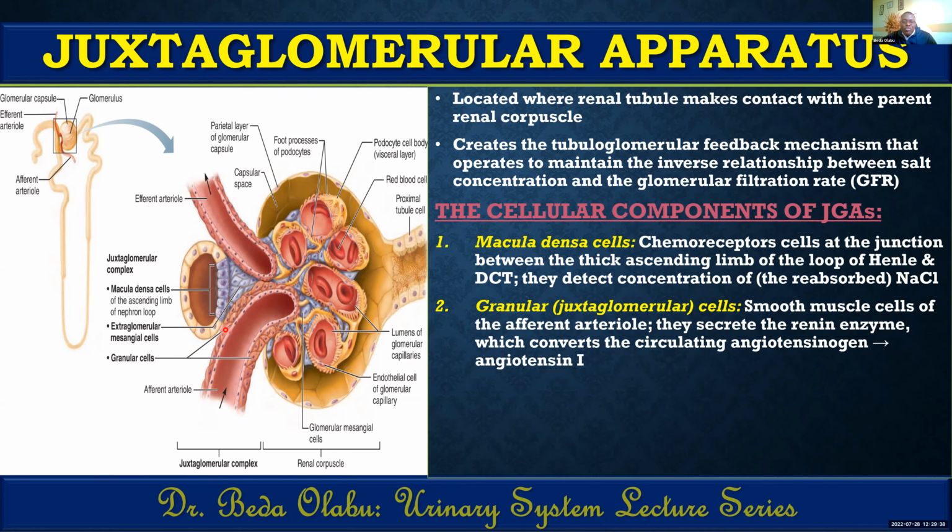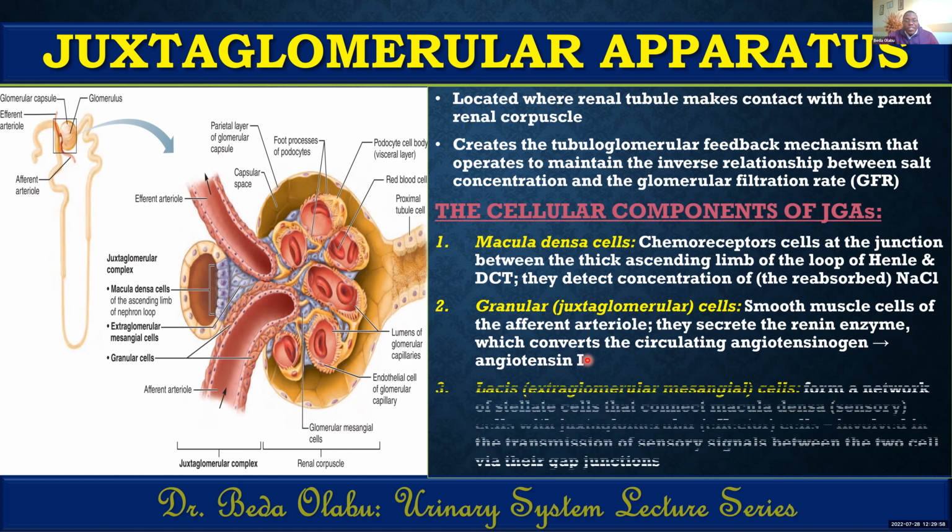These cells are responsible for secretion of renin enzyme. Renin enzyme, as we saw in the previous talk, is responsible for converting angiotensinogen to angiotensin 1. Then in the lungs, angiotensin 1 will be converted to angiotensin 2.